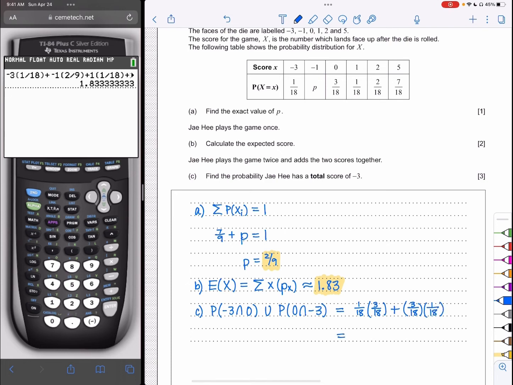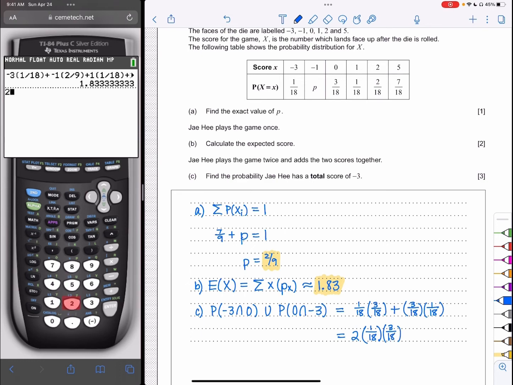So in other words, this is just basically 2 times 1 over 18 times 3 over 18, because they are the same thing. They're just in reverse order, and we already know that multiplication is commutative.